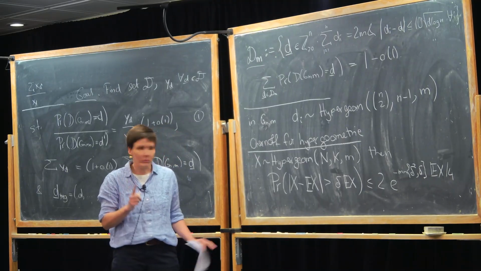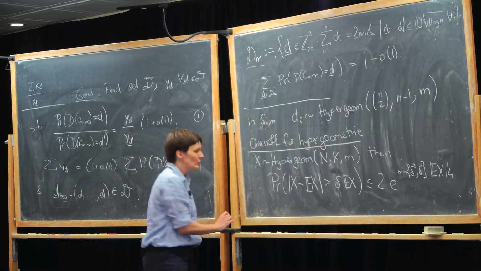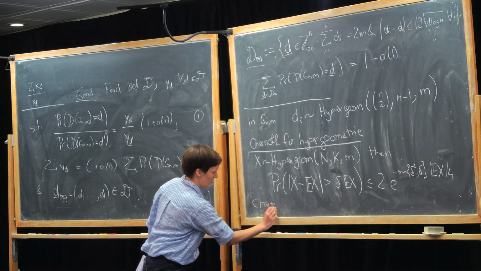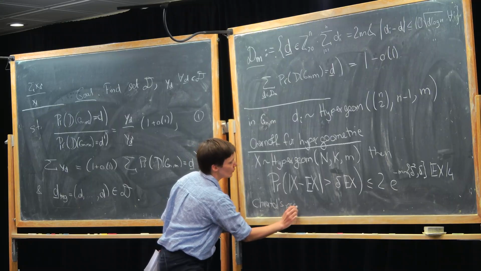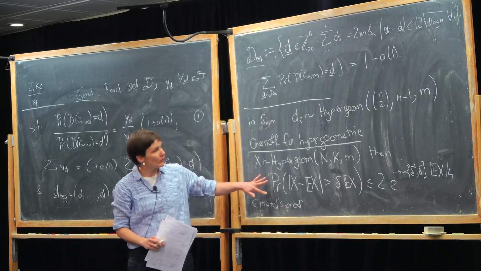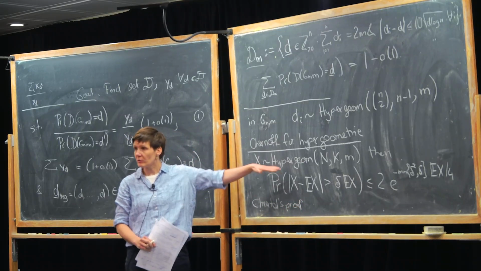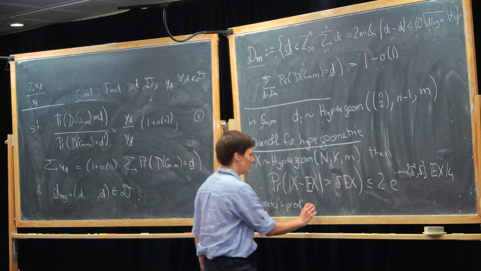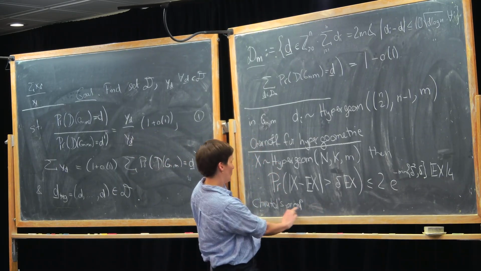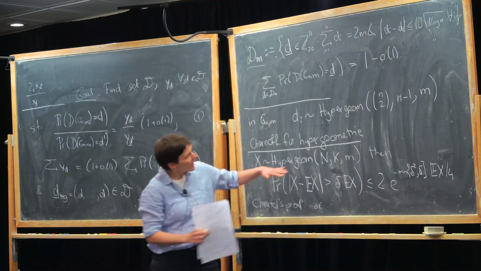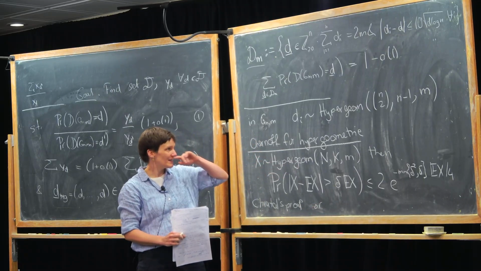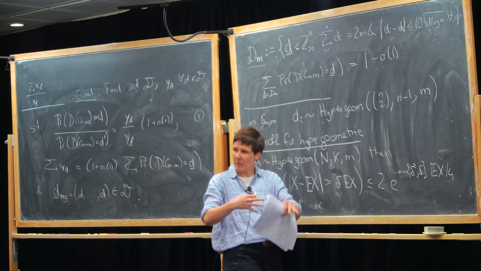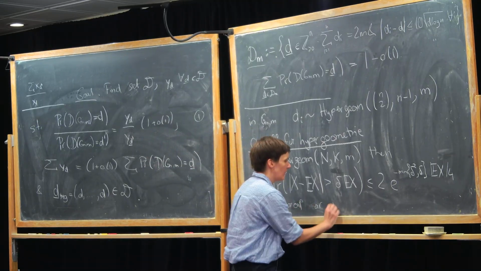There are 2 ways you can prove this. You can either use Vatter's proof of the Chernoff inequality for the binomial distribution, which generalizes to the hypergeometric, or you show that the hypergeometric and the binomial distribution can be coupled with some martingale coupling.